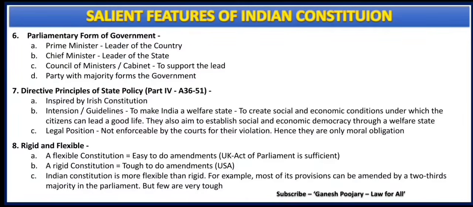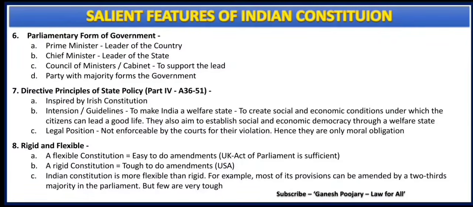Part 3 is our rights, which are enforceable by law, whereas Directive Principles of State Policy, which are discussed under Part 4, are the moral obligation of the government. They are not enforceable by law.